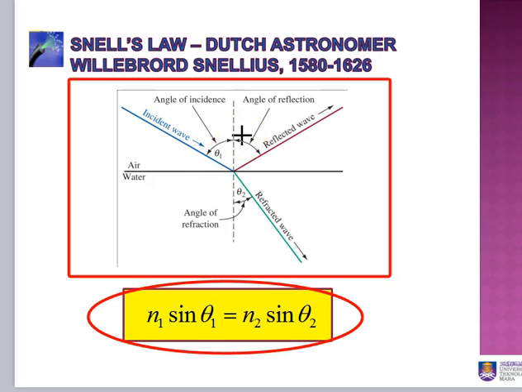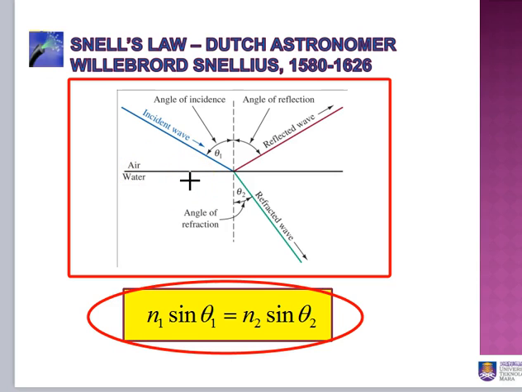So the angle of refraction is less than the angle of incidence. By having the angle less than the angle of incidence, the refracted beam is bent towards the normal. This normal is an imaginary line making a 90 degree angle, or perpendicular, to the interface.